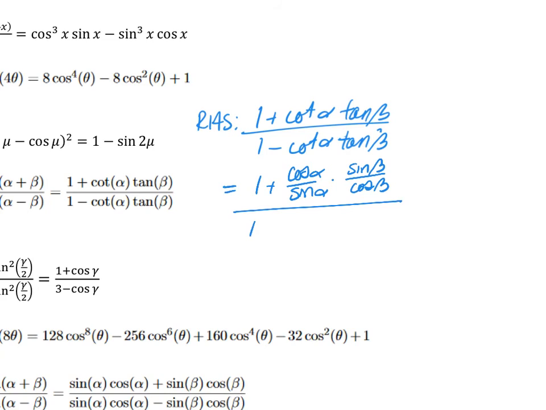My denominator is 1 minus the cosine of alpha over the sine of alpha, multiplied by the sine of beta over the cosine of beta.